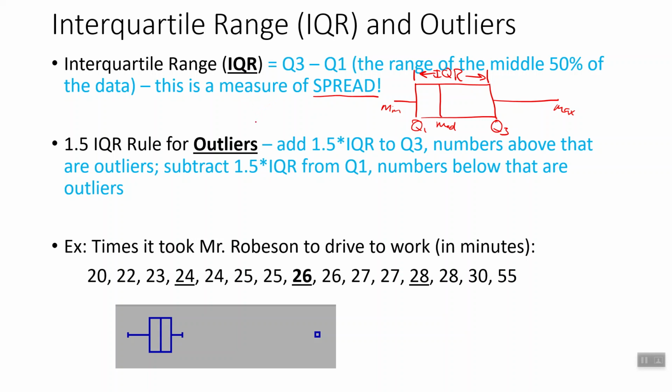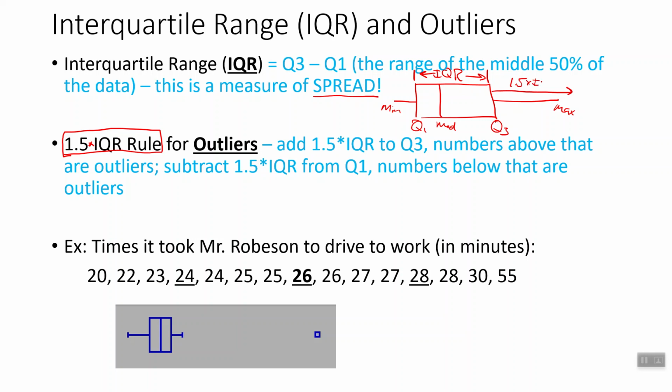That works. The rule for finding outliers is called the 1.5 IQR rule. That is its name. 1.5 meaning 1.5, IQR meaning we're going to multiply by the IQR. So what we do is take 1.5 times the IQR and add that to Q3.